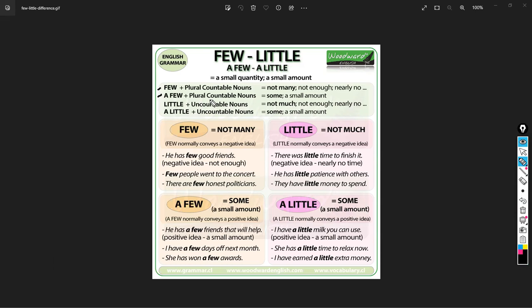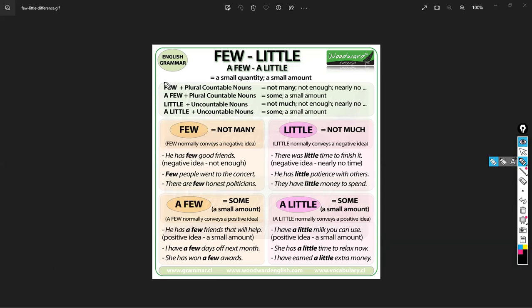Absolutely, you noticed while discussing the subject-verb agreement, we have some nouns which are uncountable. I mean, I cannot add s at the end of them. So, few, a few with countable nouns, little, a little with uncountable nouns. This is the first difference between few, a few, little, a little.